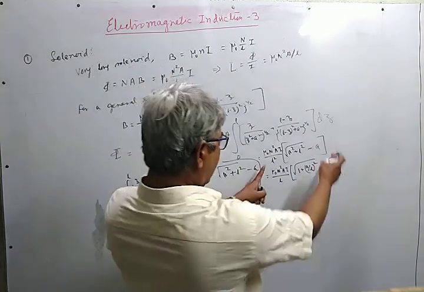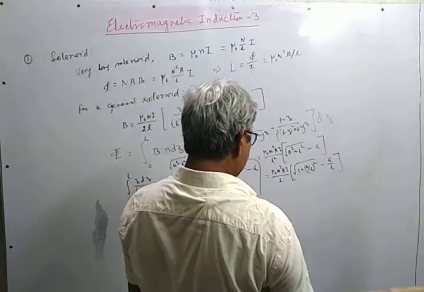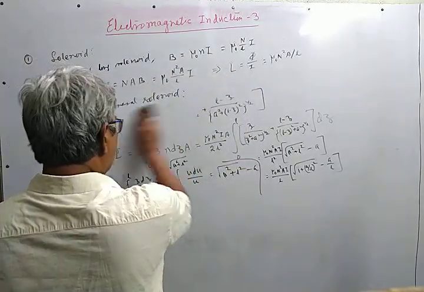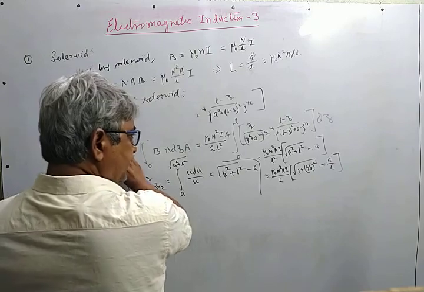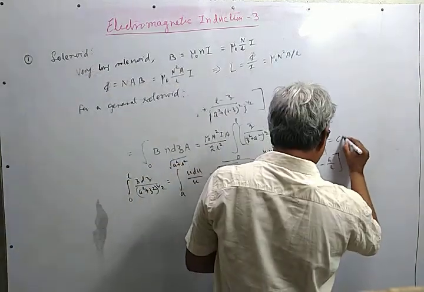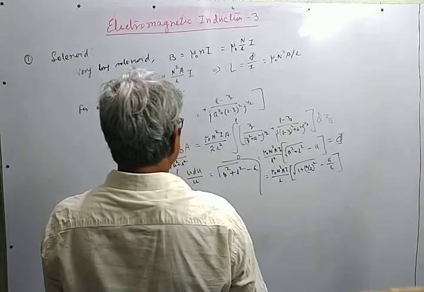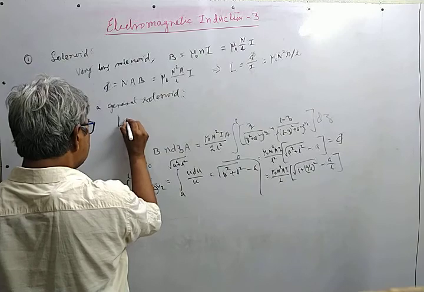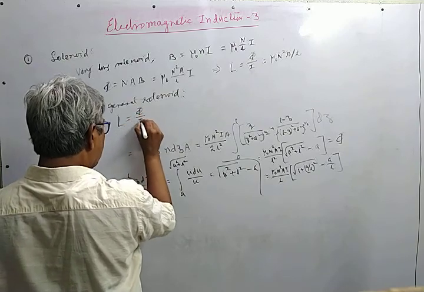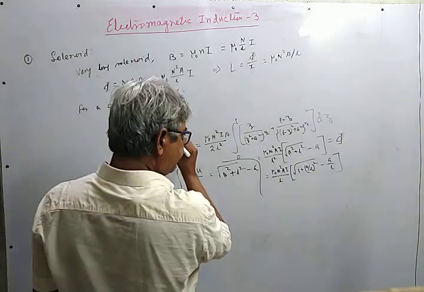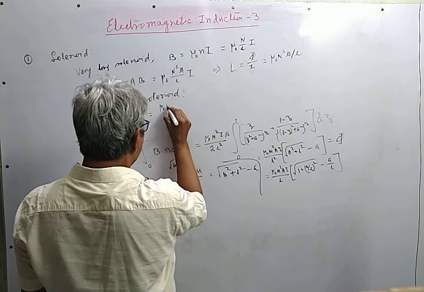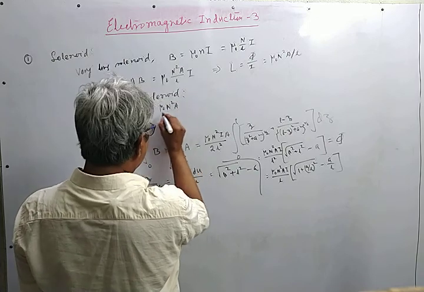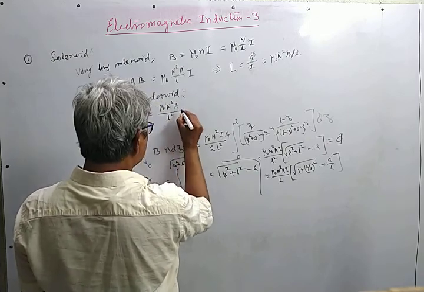If we divide it by I, we will get the expression for L. So for a general solenoid, this is the expression for phi. So L is given as phi by I is equal to mu 0 n square a by L square.